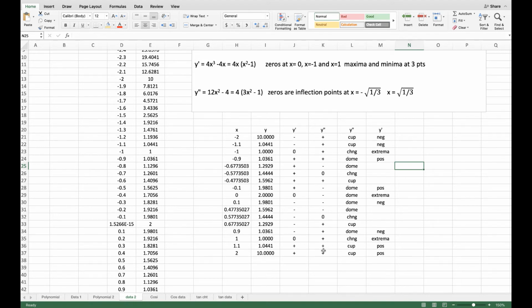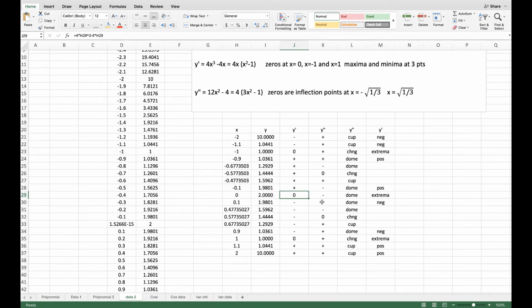And so we know that both of those are cup-shaped, they hold water, and so they're local minima. Now, this one, where we have a local extrema, we have negatives on either side of that extrema, which means it's a local maximum. So in between those minimums, this is a maximum.